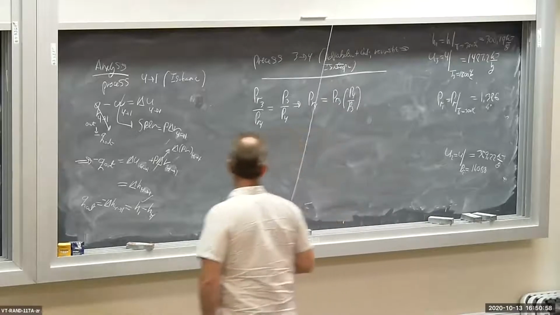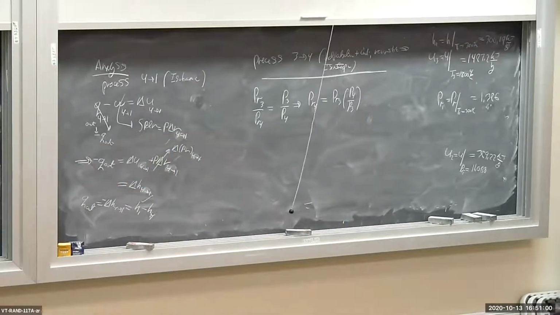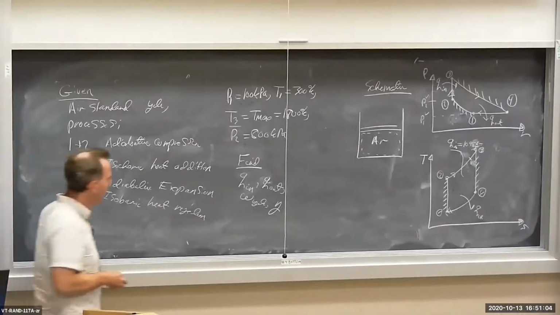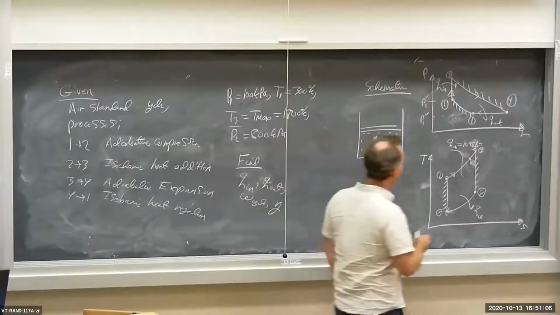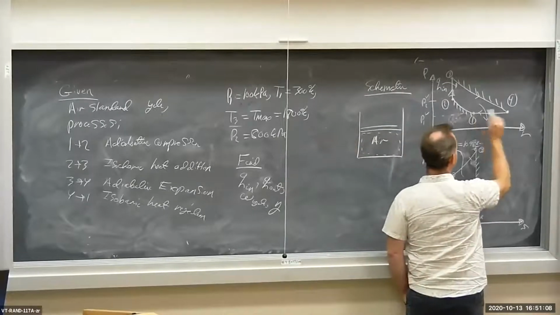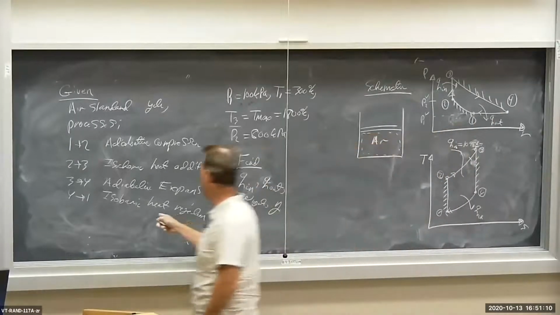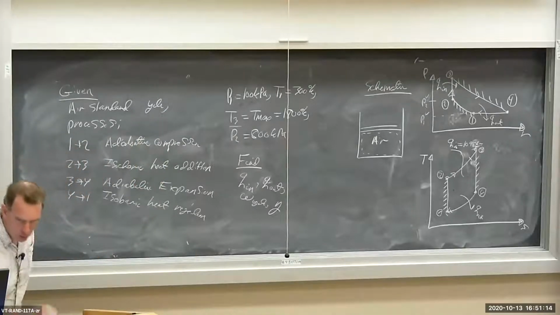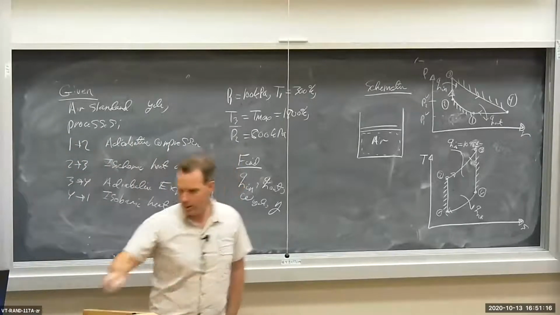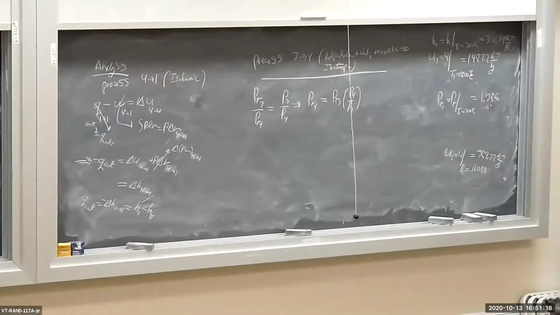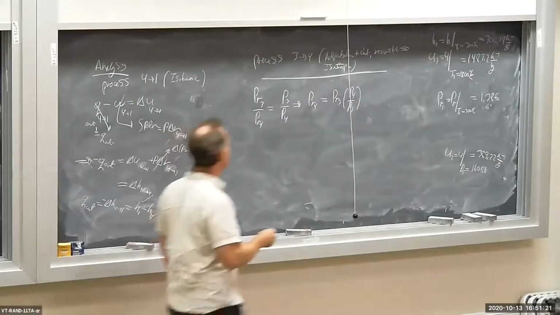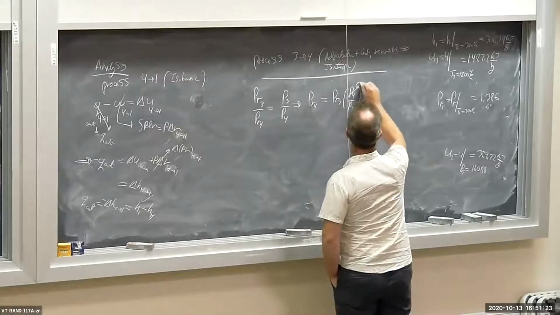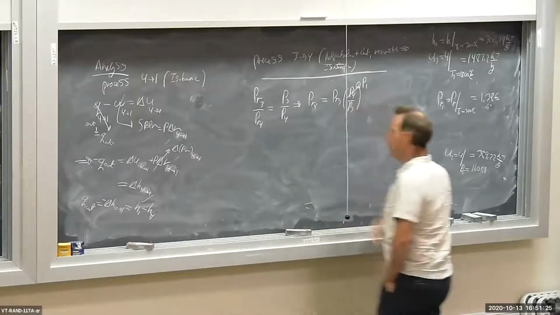Now, do I know P4 or P3? Well, I actually know P4. Why? Because process 4 to 1 is isobaric. So P4 is equal to P1. Okay, I know P1.